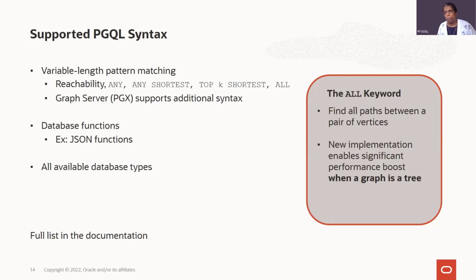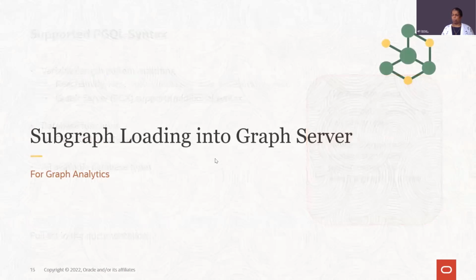All of these are examples of graphs which are trees, and you can work with them very effectively with this property graph view in the database. And so path analysis is basically the most common use case that's relevant here. When you want to do page rank and betweenness centrality and all the other algorithms that Jim was talking about, then you load your graph into memory and you run the algorithms.